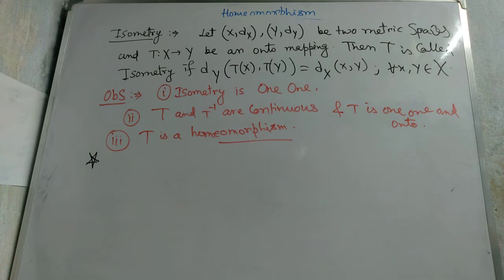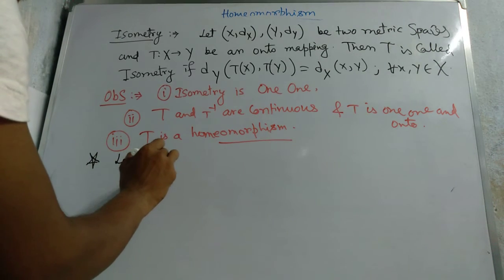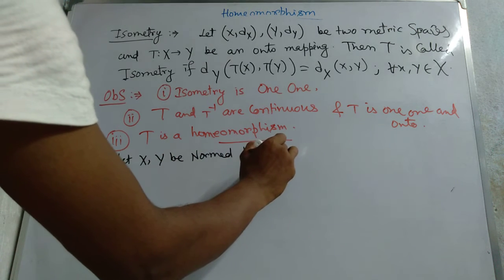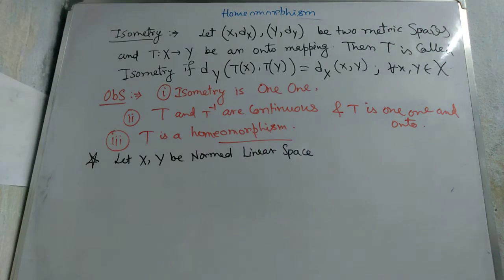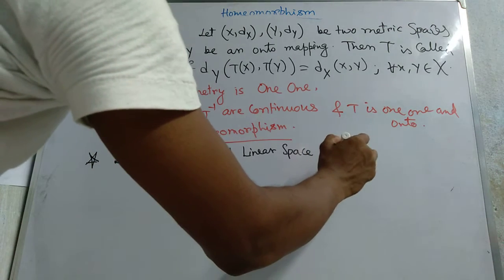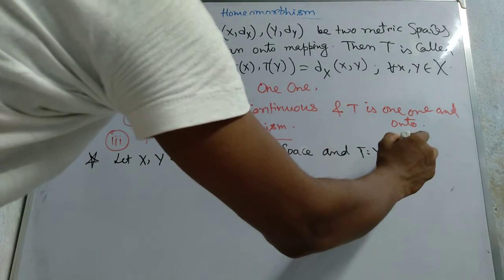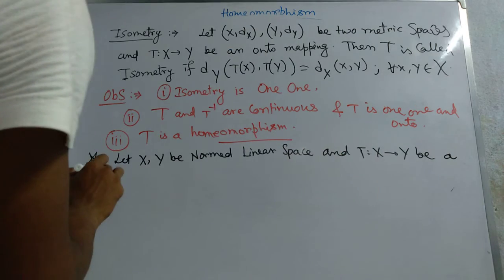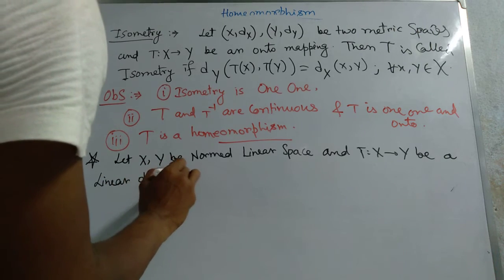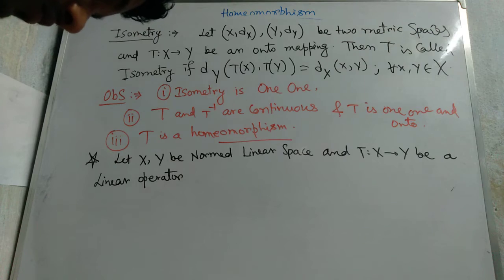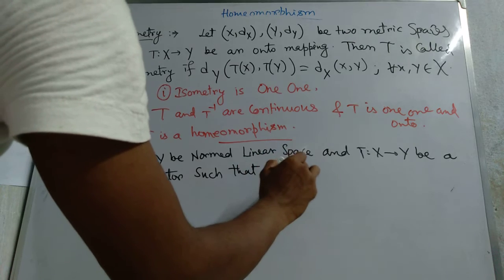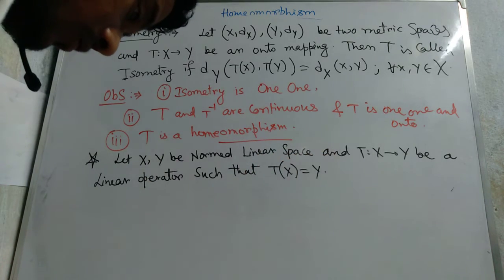Let X, Y be normed linear spaces and T: X → Y be a linear operator such that T(X) equal to Y, that means an onto linear operator.